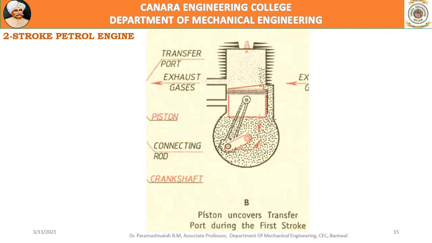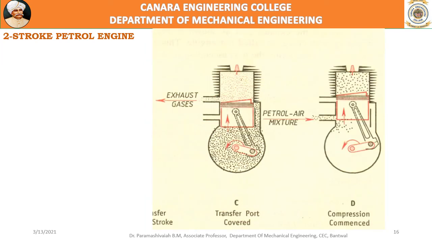In this case, the exhaust port is opened, the inlet is closed, the transfer port is opened, and the air fuel mixture enters the cylinder and flushes out the products of combustion. That is called scavenging. Then compression starts and continues. At the end of compression, a spark is generated by the spark plug and ignition starts.